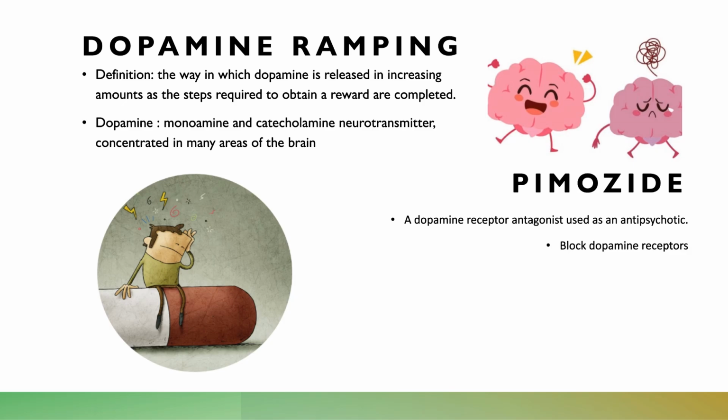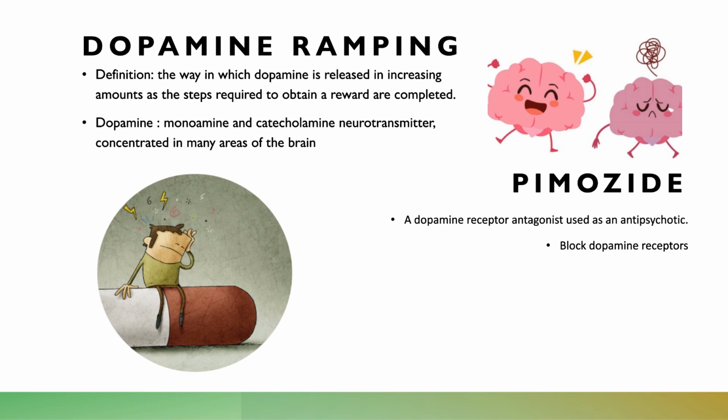So dopamine is a monoamine and catecholamine neurotransmitter concentrated in many areas of the brain. Dopamine ramping is the way in which dopamine is released in increasing amounts as the steps required to obtain a reward are completed.